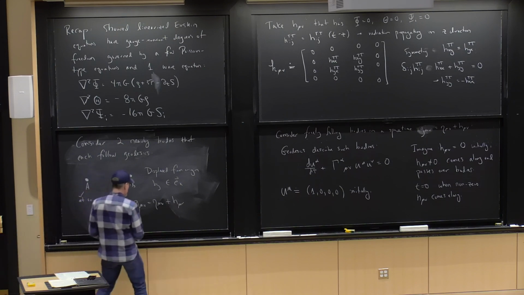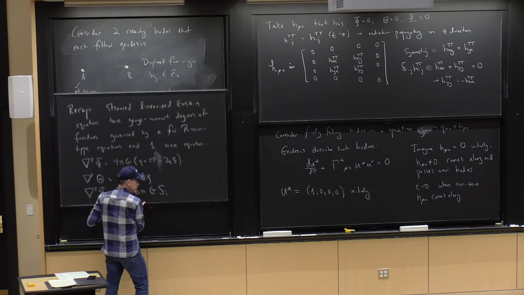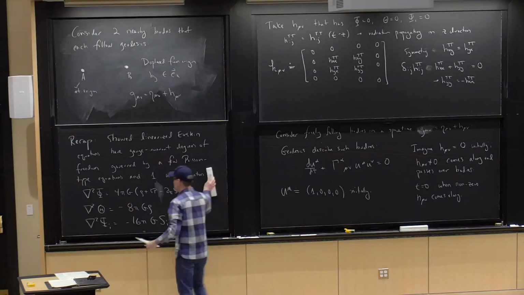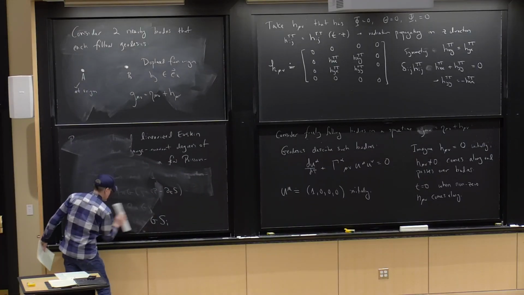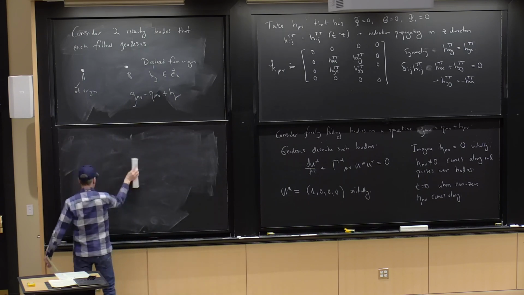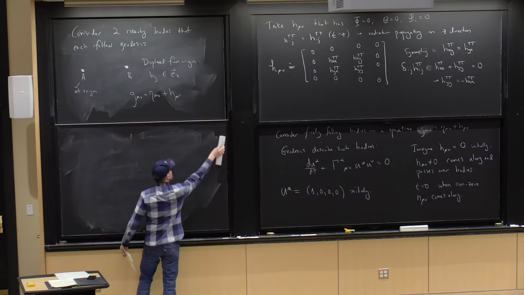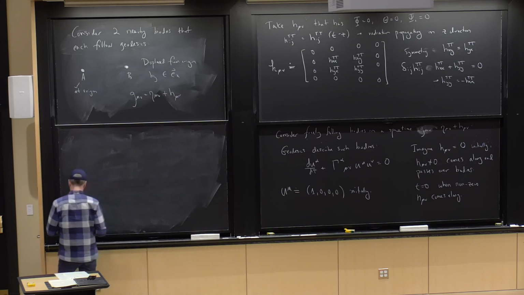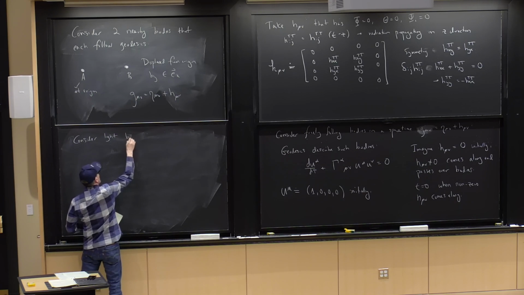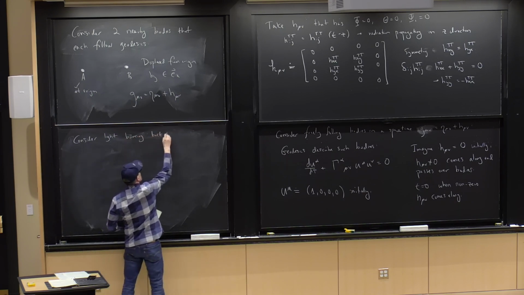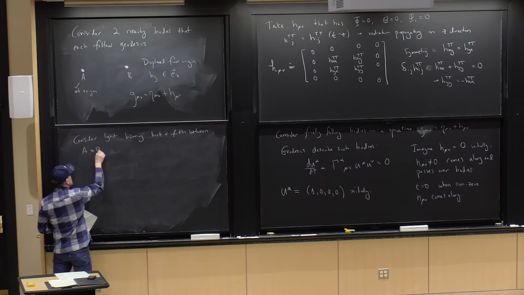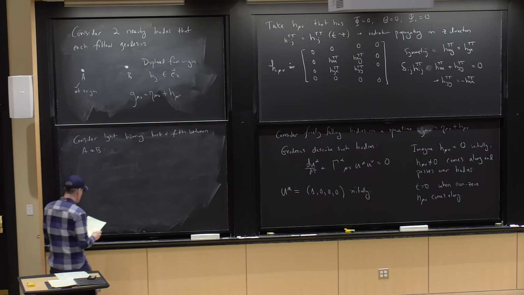I'm going to do this in two ways. So the first thing which I'm going to do is say, let's imagine that I am bouncing a light pulse back and forth between A and B. What I'm going to do is write the form momentum associated with that light.